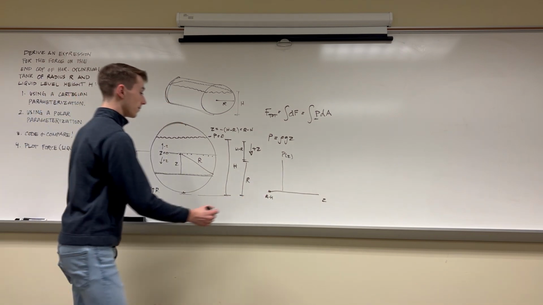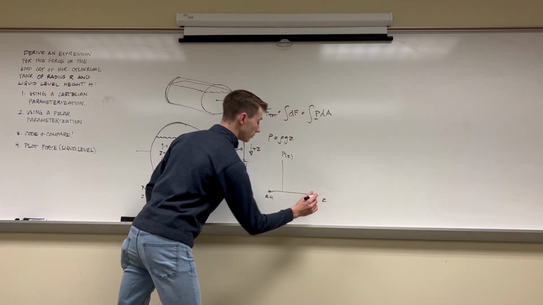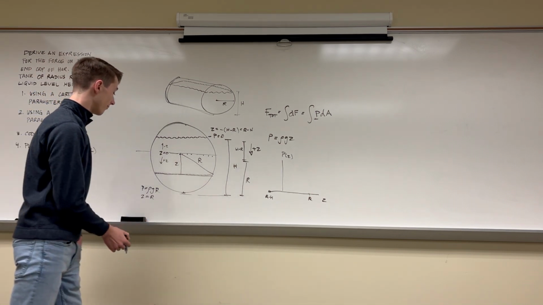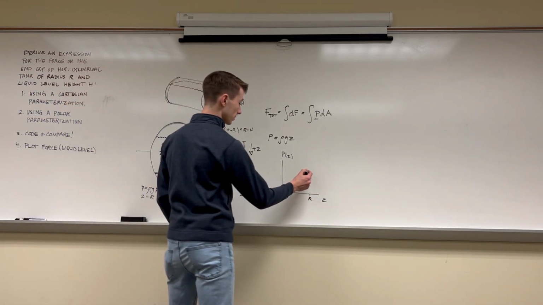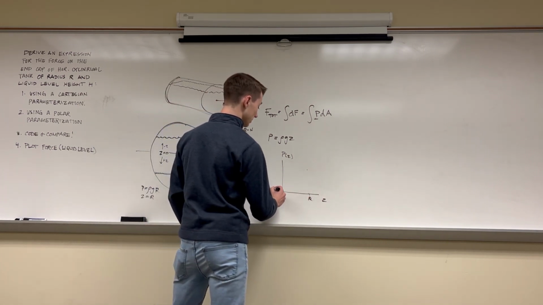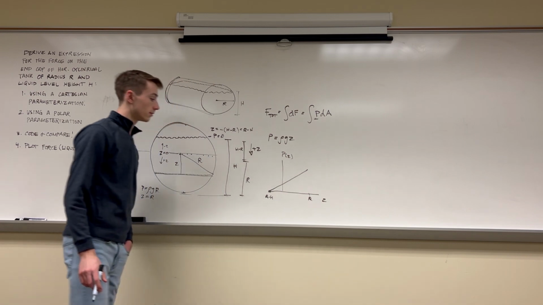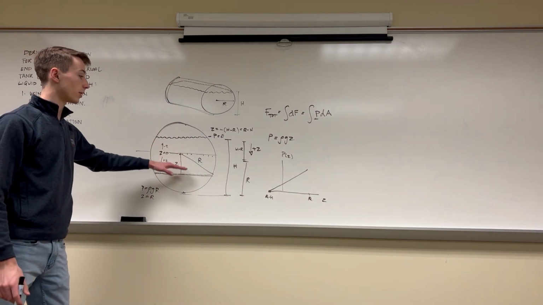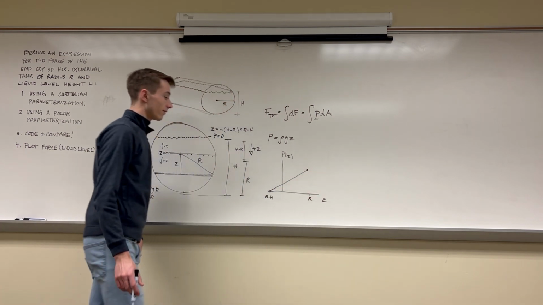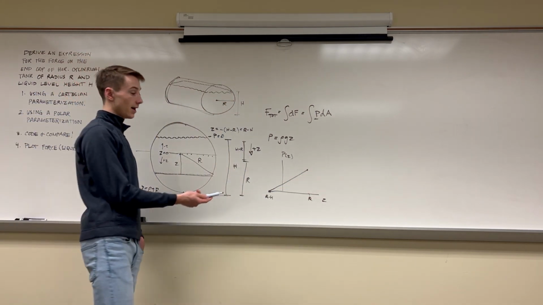And then at a depth of r, we have a pressure of rho g r. Let's call that right there, rho g r. And it's a linear change. As we go down, pressure increases linearly. And so we can find an expression for pressure based off this line.